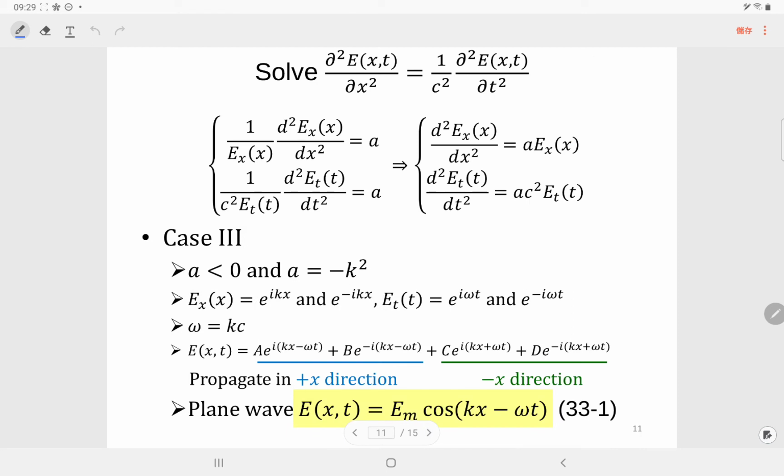So for the third case, a is smaller than 0.